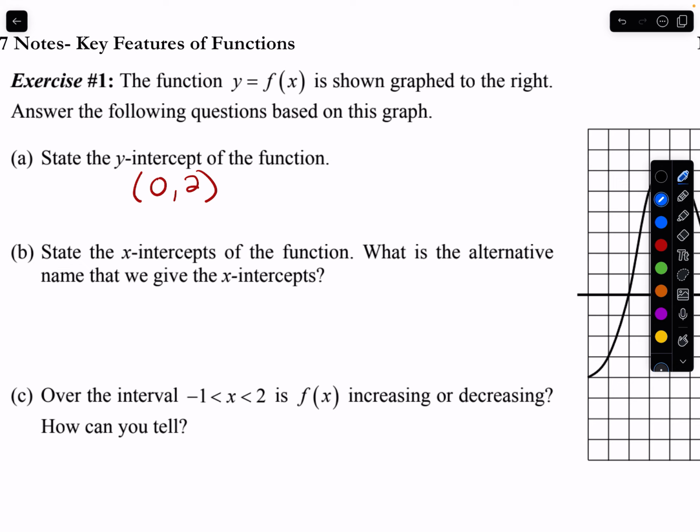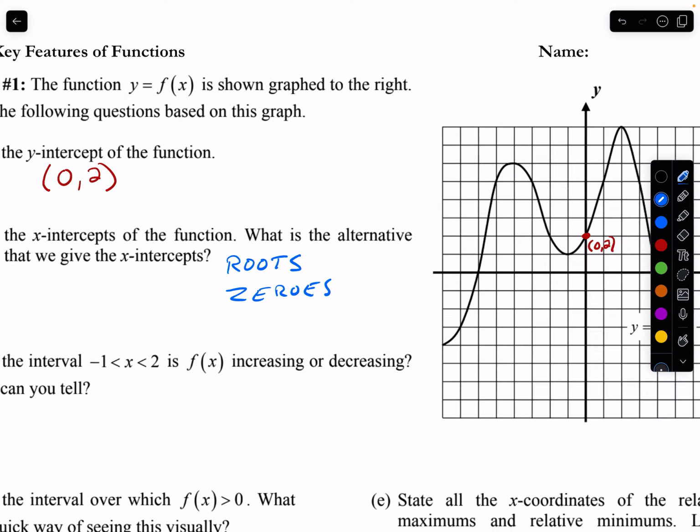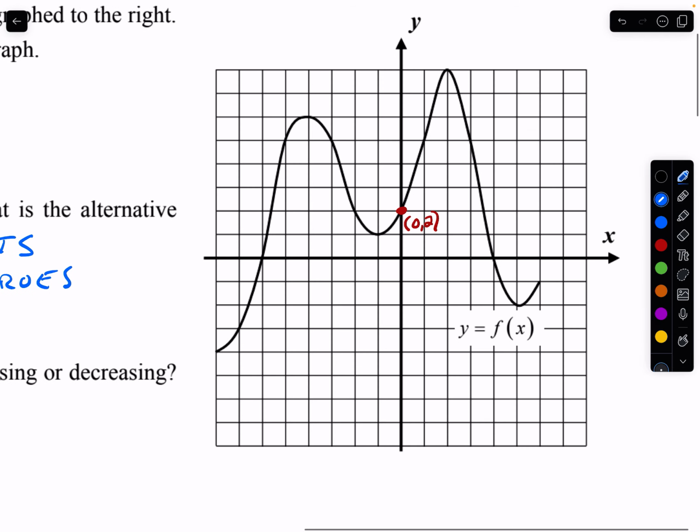The next one is the x-intercepts of the function. What is the alternative name that we give x-intercepts? We can call them roots, and we can also call them zeros. The x-intercept is where the y value is equal to 0. Looking at the x-axis, where does it intersect? Right there, that is the point (4, 0).